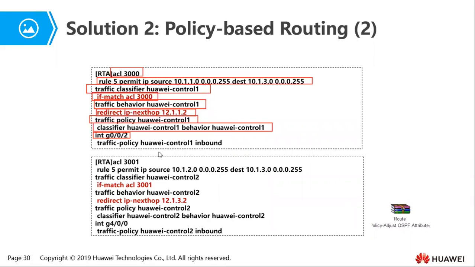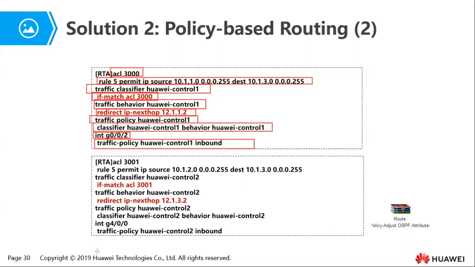Okay, so we now apply on G0/0/2 the traffic policy Huawei control 1 in the inbound direction. So inbound is traffic that is coming into this interface. So that is how we redirect packets to RTB that are coming from the marketing department.